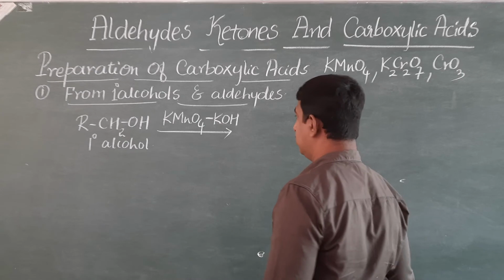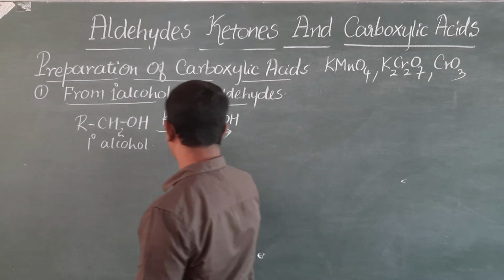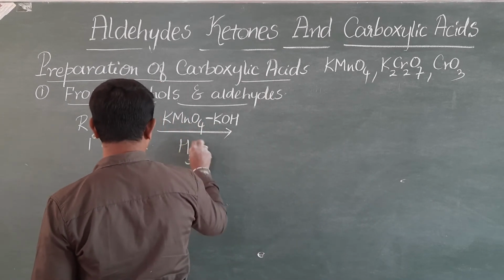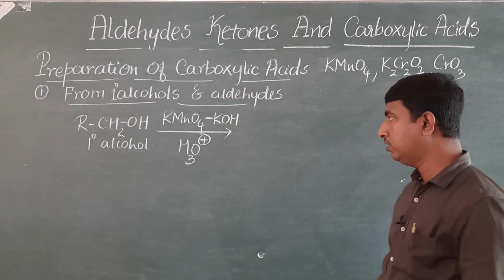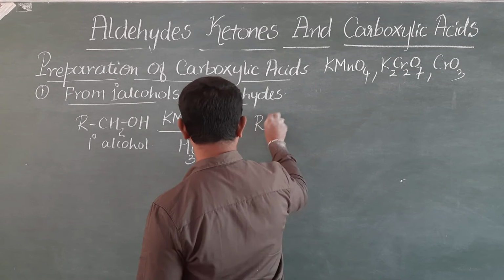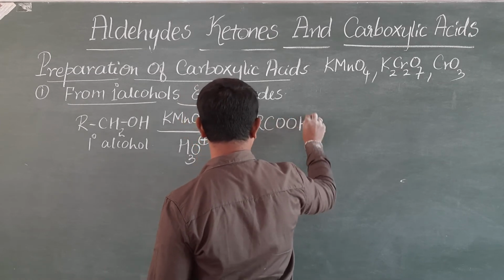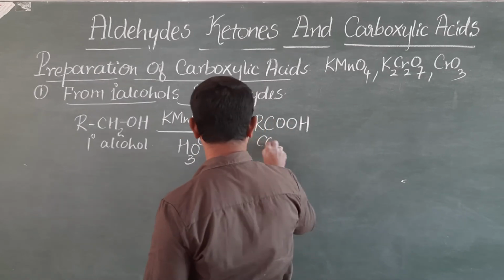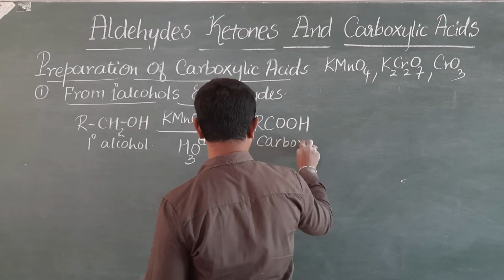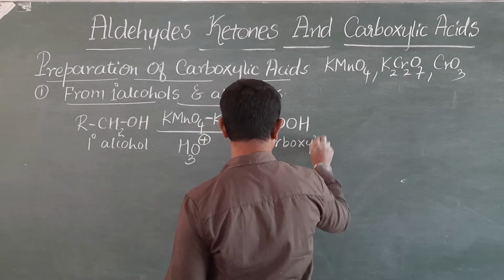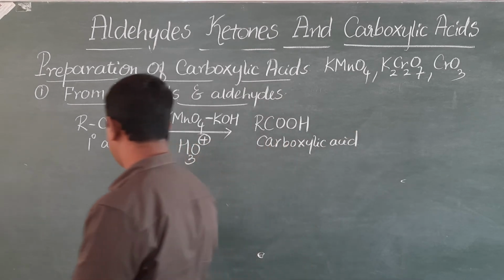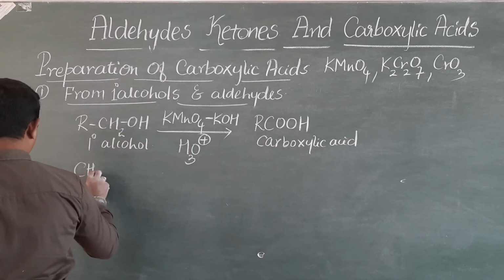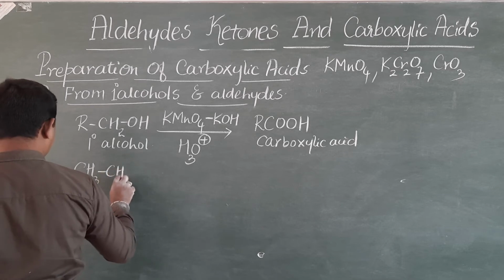So no need to write all these things, just write this much. Primary alcohol, KMnO4, KOH followed by acidification gives carboxylic acid, that is RCOOH. For example, in the place of R, we can take CH3.